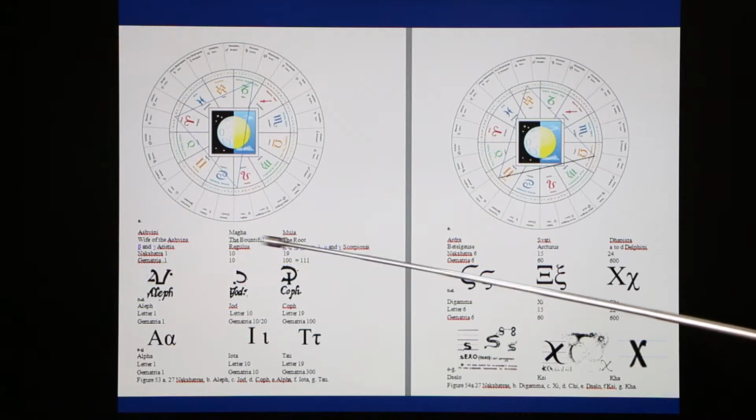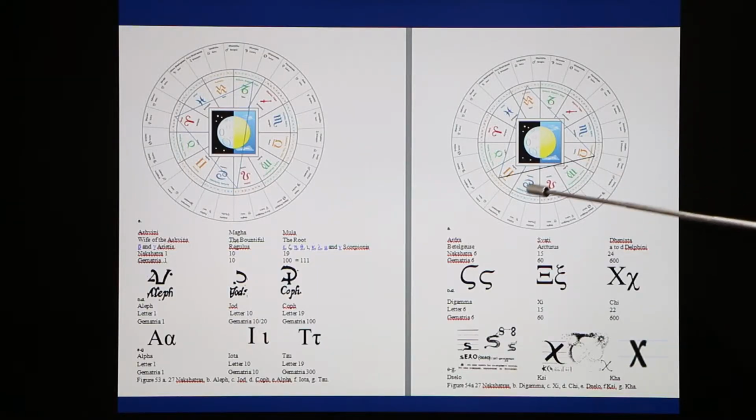Now, remember this 1, 10, 19 was the one that we saw in the systems, one that gives us the sequence of the planets, and that is the secret of the structure of the Arabic alphabet as well.